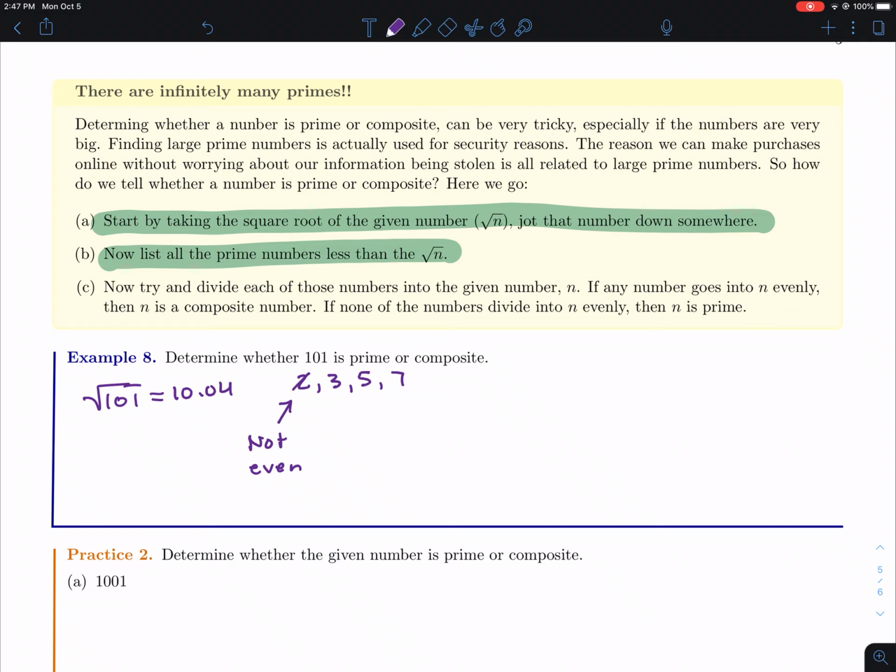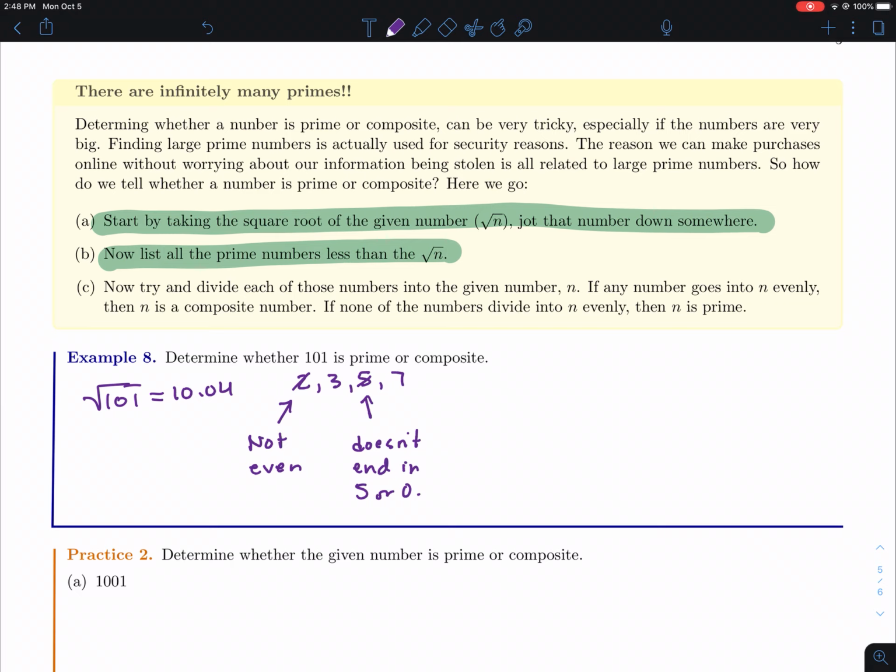Is 5 going to divide into it? Hopefully somewhere along the lines you've learned that a number is only divisible by 5 if it ends in a 0 or a 5. If you forget, there's not that many to test, you can throw these into the calculator. But in this case, 5 is not going to work either because it doesn't end in a 5 or a 0.